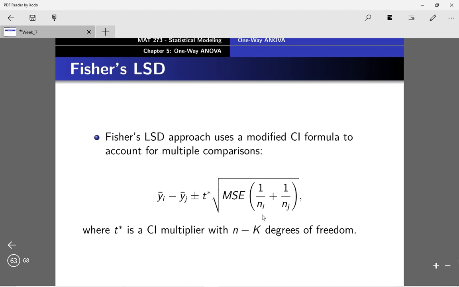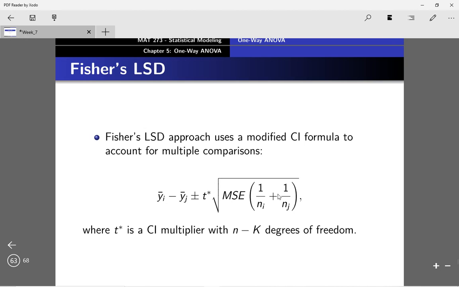Then the difference between them, plus or minus this margin of error, which is a t-star multiplier, the same as we've seen previously, times the square root of the MSE from the ANOVA table, and then 1 over the number of observations in the ith group, plus 1 over the number of observations in the jth group. So this is the confidence interval formula for a Fisher's least significant difference confidence interval.